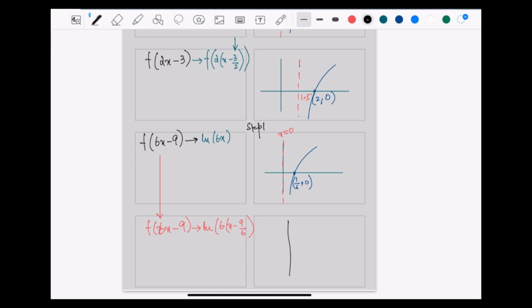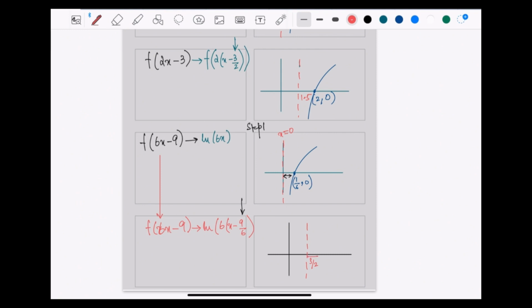Now note that the difference between the asymptote and the point when it is ln 6x is 1 over 6. And now this is the asymptote. It's moving 9 over 6 to the right. So you can write this as 9 over 6 or 3 over 2, 1.5.